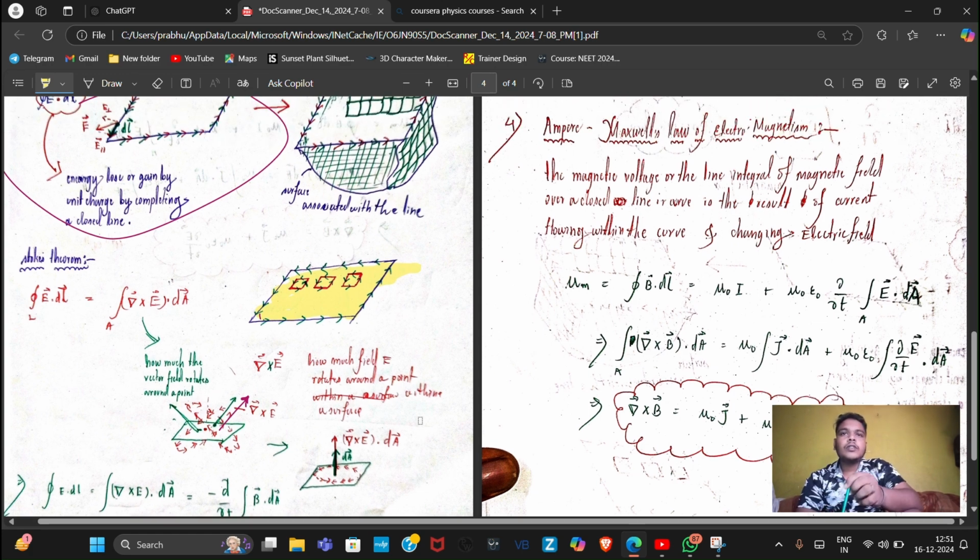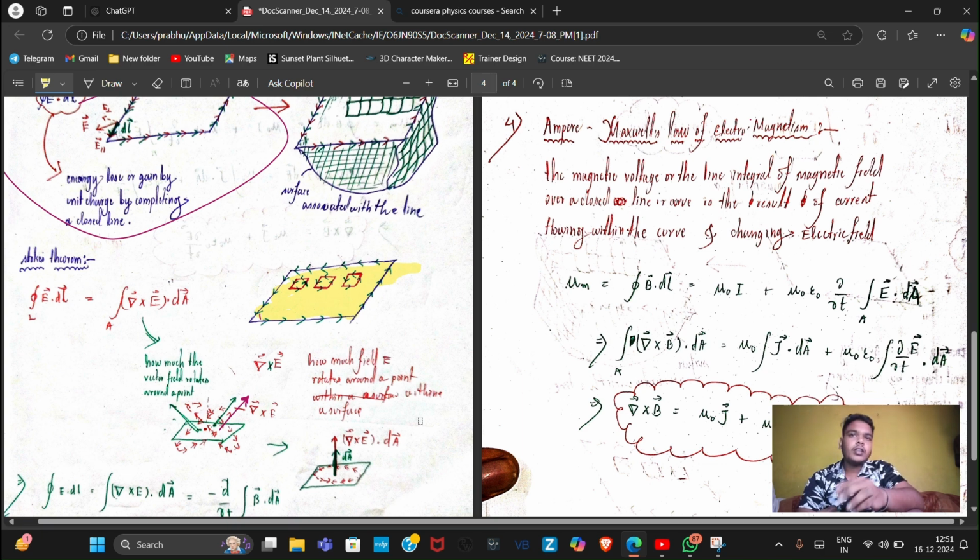So Maxwell's fourth equation is based on Ampere-Maxwell's law of electromagnetism. It is quite similar to Faraday's law, because Faraday's law is about the electrical voltage or electrical EMF, but in this case it is about magnetic voltage.